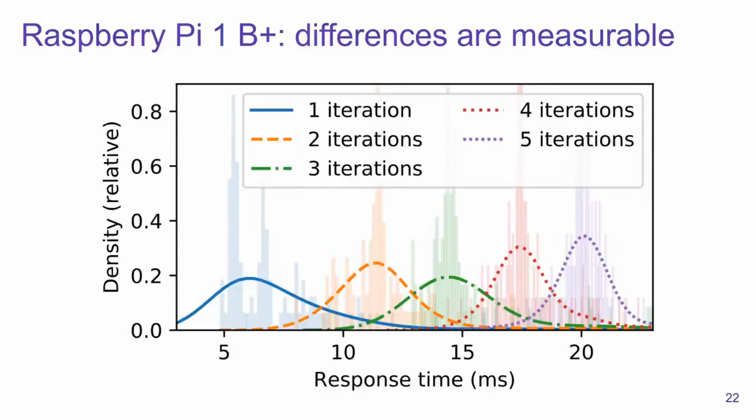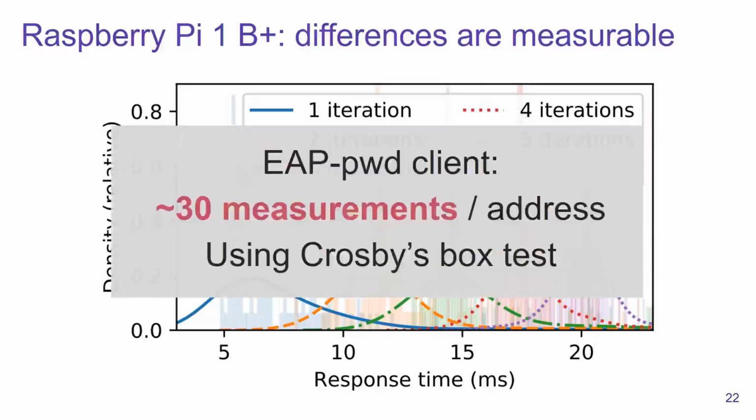And it turns out this is fairly easy to do. Against an EAP PWD client, we only need 30 measurements to determine how many iterations are being executed when we use Crosby's box test to filter out noise.